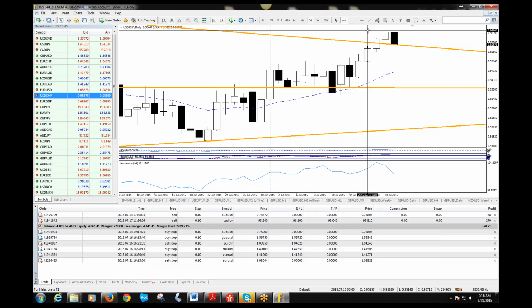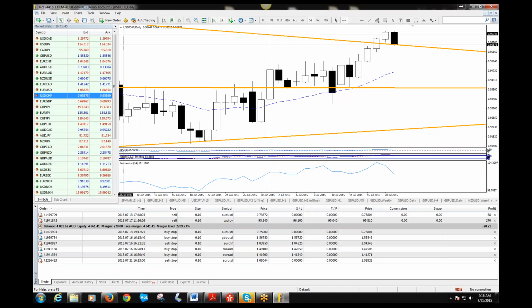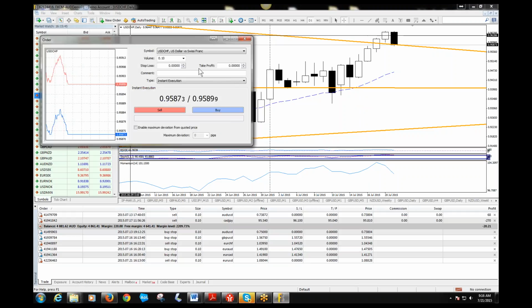So that looks like it's 96500. Am I correct? 96500. All right, so new order, Dollar Chef, pending, buy stop, and that is 96500.